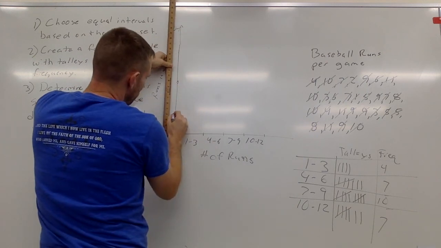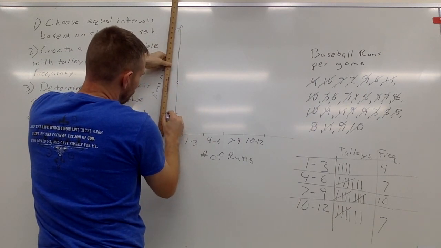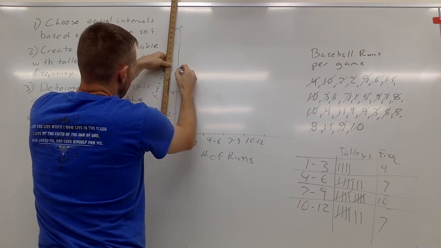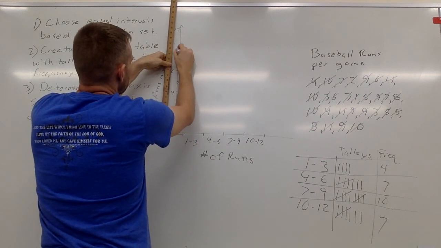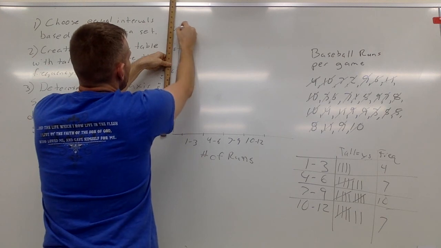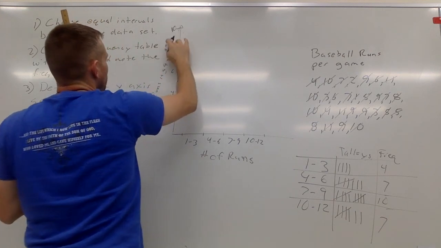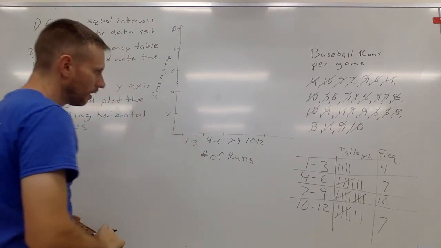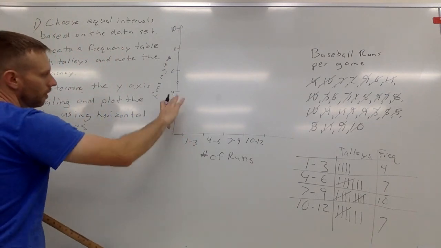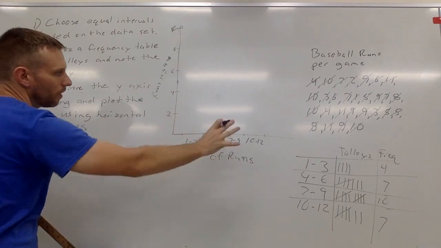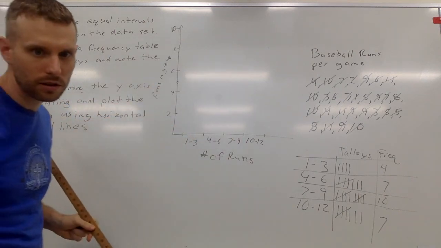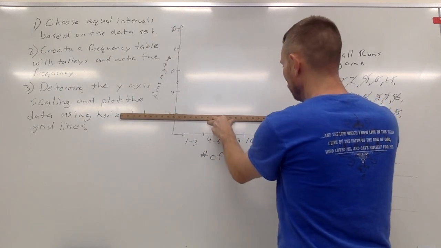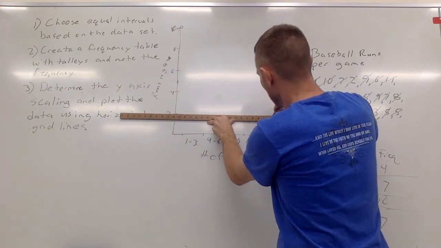So this is going to be 2, 4, 6, 8, 10. Okay, I have this evenly spaced out, and it's not all crunched down, it's not all stretched out. It proportionally looks good. I'm going to make my horizontal grid lines going across.